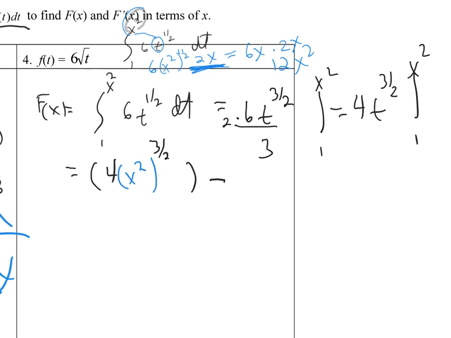Square root of 1 is 1, cubed is 1. It's 4 times 1 is 4. Minus 4. That simplifies to 4, x to the 6/2 is x cubed, still minus the 4.